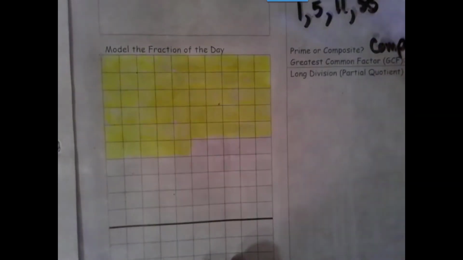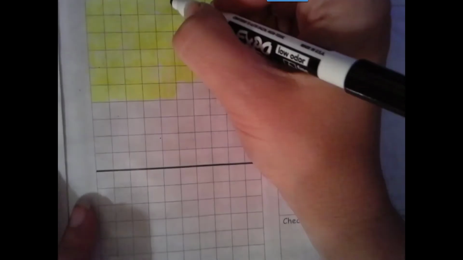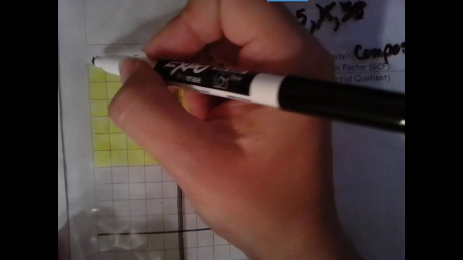All right. So 55 didn't, 11 didn't. Let's do groups of 5. So let's make groups of 5. If I cut 10 in half, that gives me 2 groups of 5 per row. Make sure you keep your shaded separated from your unshaded.